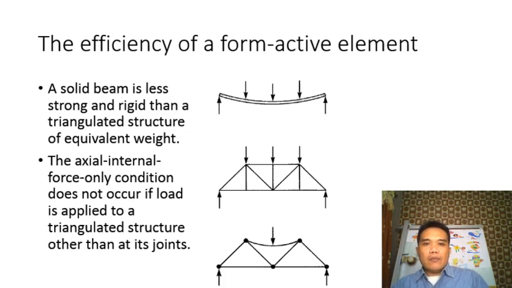The other efficiency of form active element we may find in a solid beam and the trusses. We may compare between solid and truss, and also the truss that bears the load not in the joint.